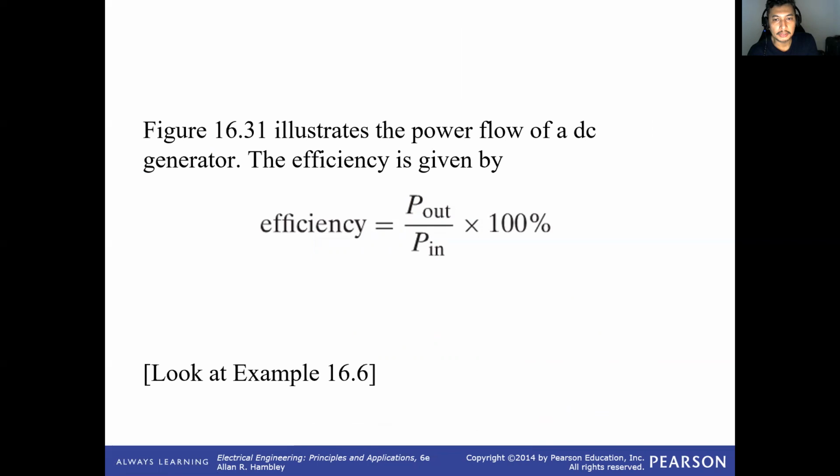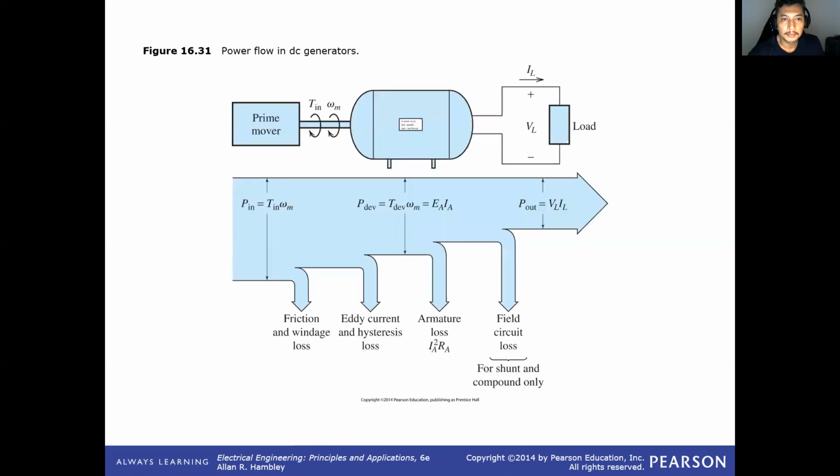And the efficiency: the general equation is P out over P in. This is the power flow from the prime mover, from the mechanical side to the electrical side. The power input is the mechanical power, which is the input torque multiplied by the speed of the prime mover.